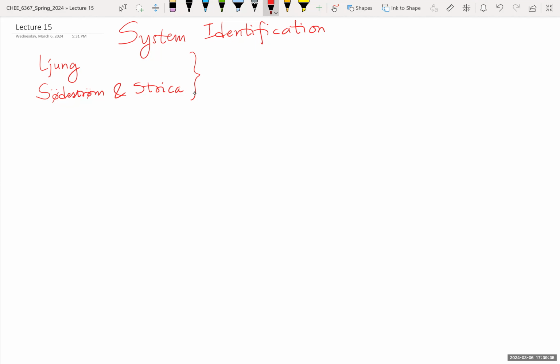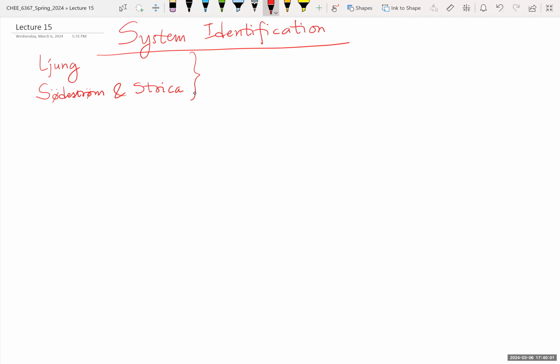Okay, good. So let's go back now to our technical discussion. Again, we are now starting a new PDF with lecture notes. It's called Identification, in lecture notes Spring 2024. In particular, we're going to deal with what people call system identification. What is system identification?